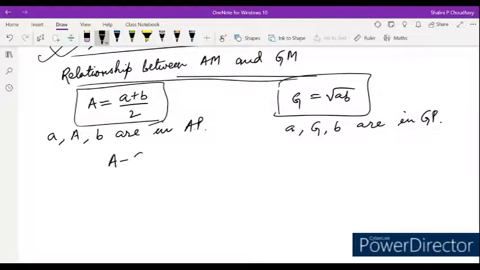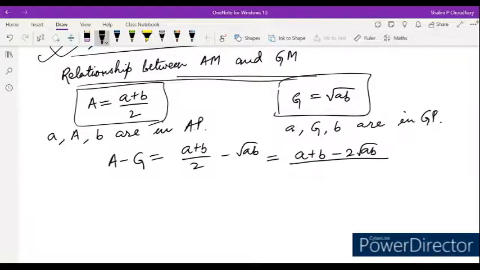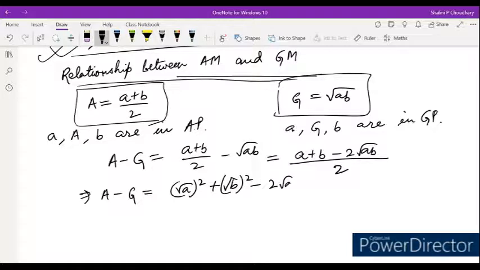So what will be the value of A minus G? It will be a plus b upon 2 minus square root of ab. And we can say that a plus b minus 2 square root of ab, divided by 2. Can we write a as square root of a whole square, b as square root of b whole square, and this is 2 into square root of a into square root of b, divided by 2.